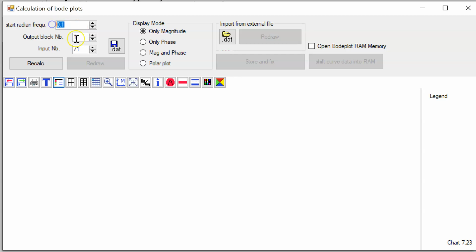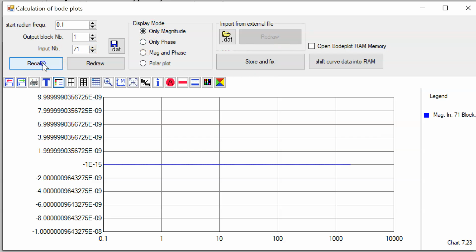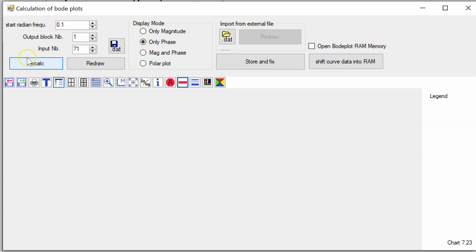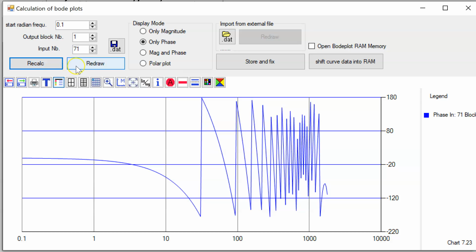Starting omega frequency is 0.1. Just recalculate only the magnitude, which is simple. Yeah, you see a 0 dB constant line. Here the auto scaling of the program has some problems, so forget the magnitude. The phase curve is much more interesting, so delete this curve and recalculate the phase curve.